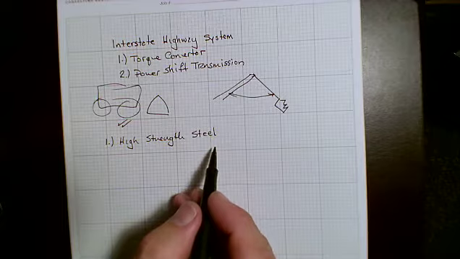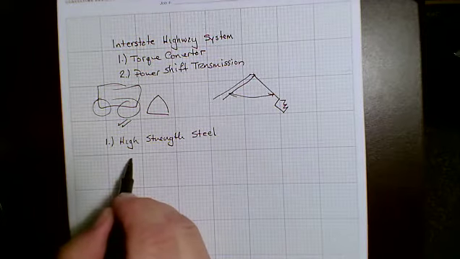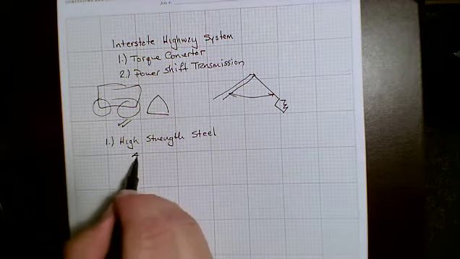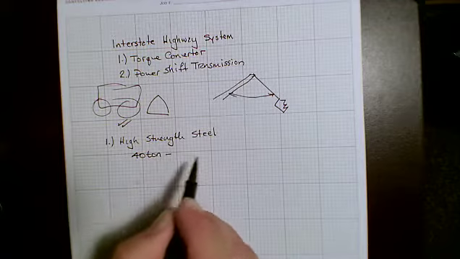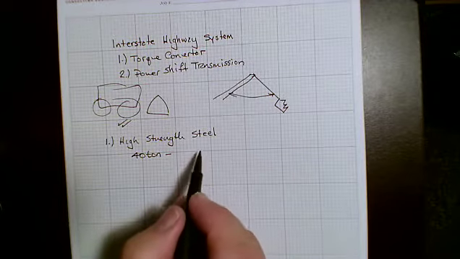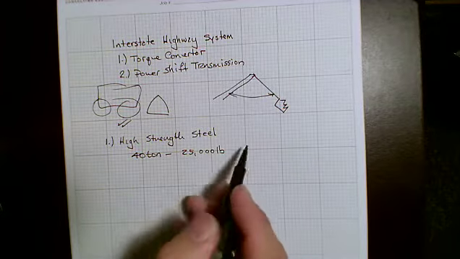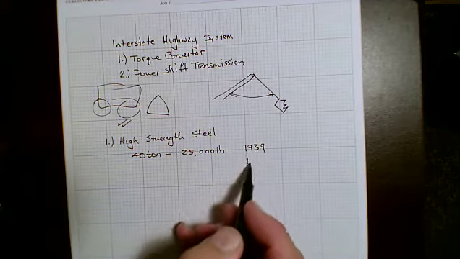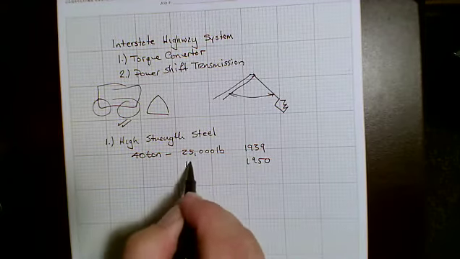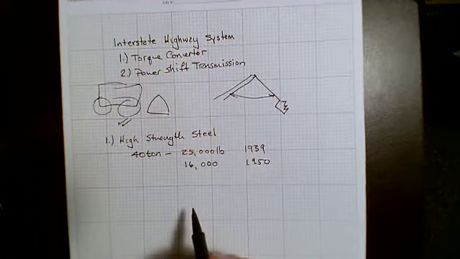As a result, the machines would go, for example, a truck capable of carrying 40 tons of soil in 1939 has a weight of 25,000 pounds. By 1950, same vehicle, same capacity, has a weight of 16,000 pounds.